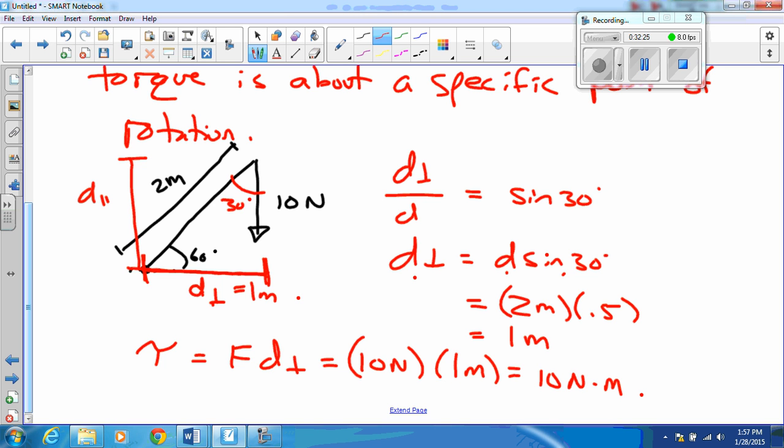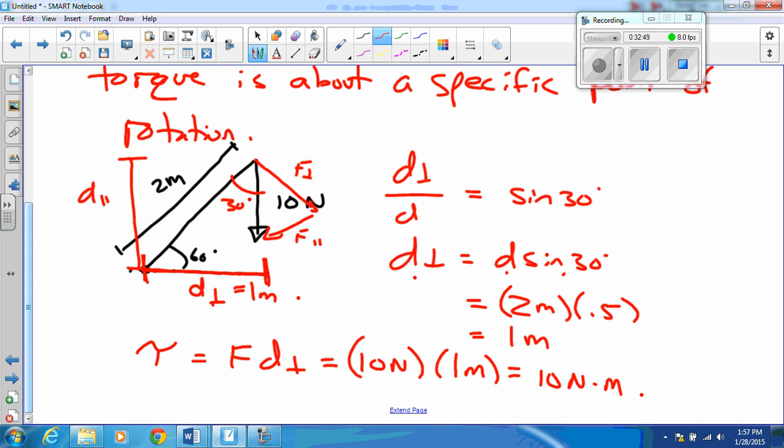Alternatively, we could have taken our force and split it into components, like this, F perpendicular and F parallel, and only the perpendicular component of force exerts any torque. We would have gotten exactly the same number, because we would have been taking that factor of sine 30 degrees and applying it to the force instead.